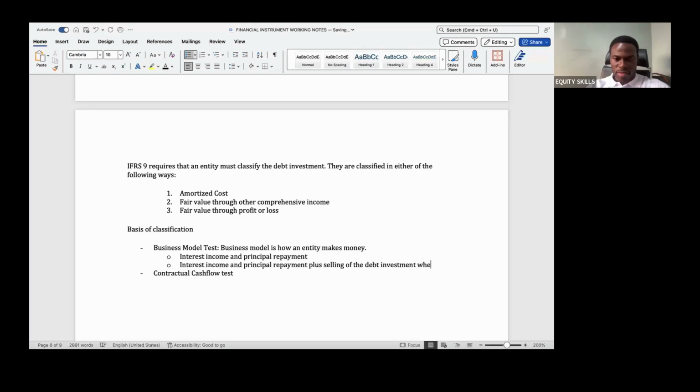investments where there is an opportunity to make a higher yield elsewhere. So in the context of debt investment that we are talking about, these are the two ways you can make money.